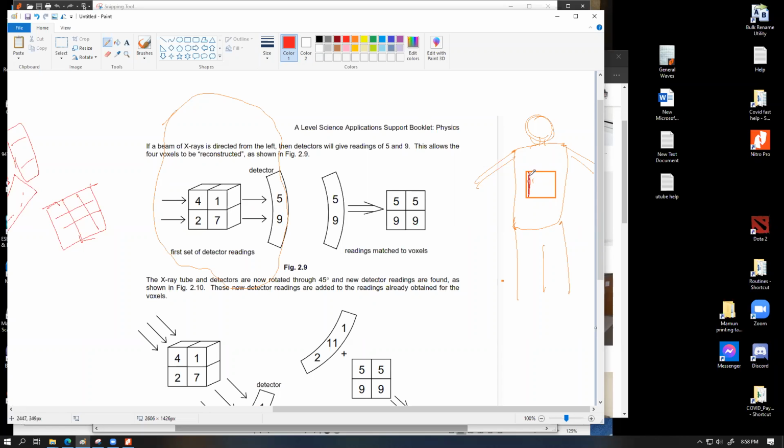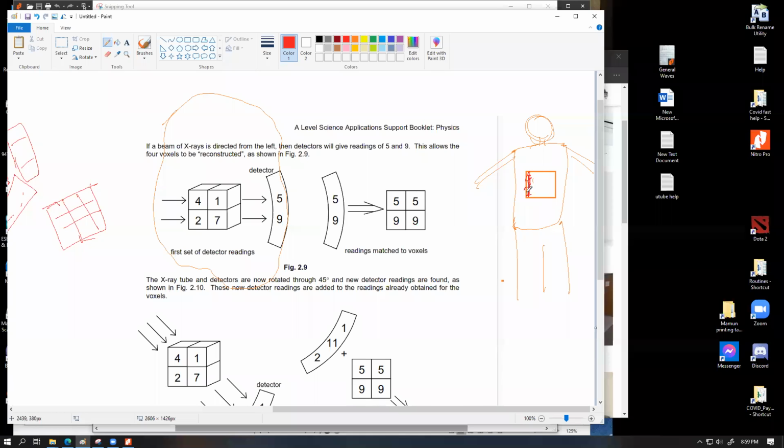So that's one slice for the human body for this much space that we're handling. What do you mean by one line? So let's say here is 4217. Along the depth of this line, you're going to have 4. Behind 4, you're going to have 1, and on the face you're going to have 2, and behind 2 we're going to have 7.